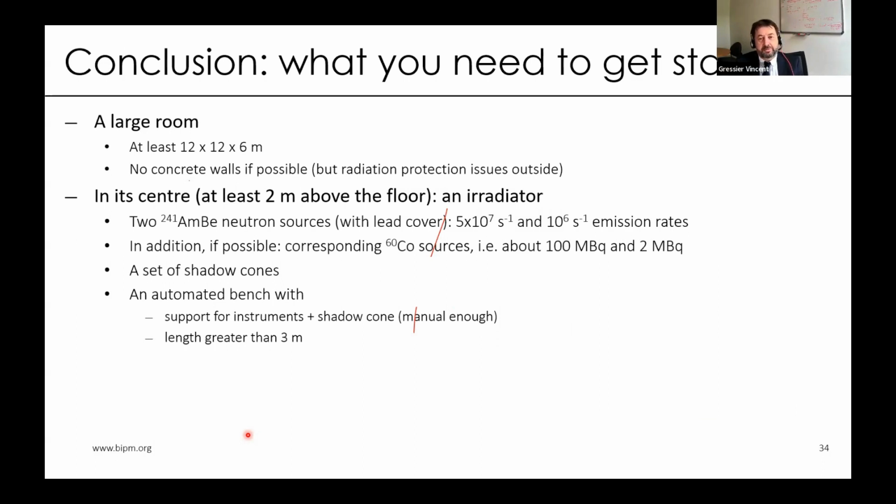In addition, if possible, corresponding cobalt-60 sources, about 100 megabecquerel for the first one and 2 megabecquerel for the second one, a set of shadow cones, an automated bench with support for instruments and shadow cone, with a length greater than 3 meters, and advanced Monte Carlo simulation capabilities.